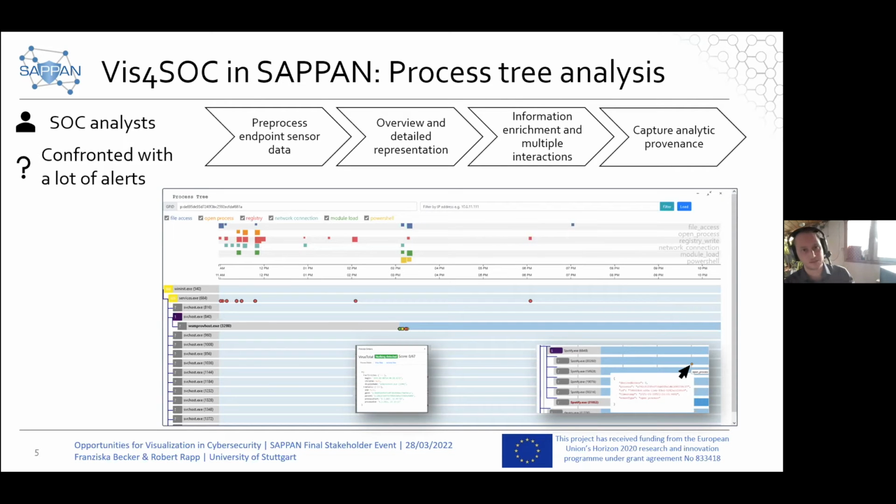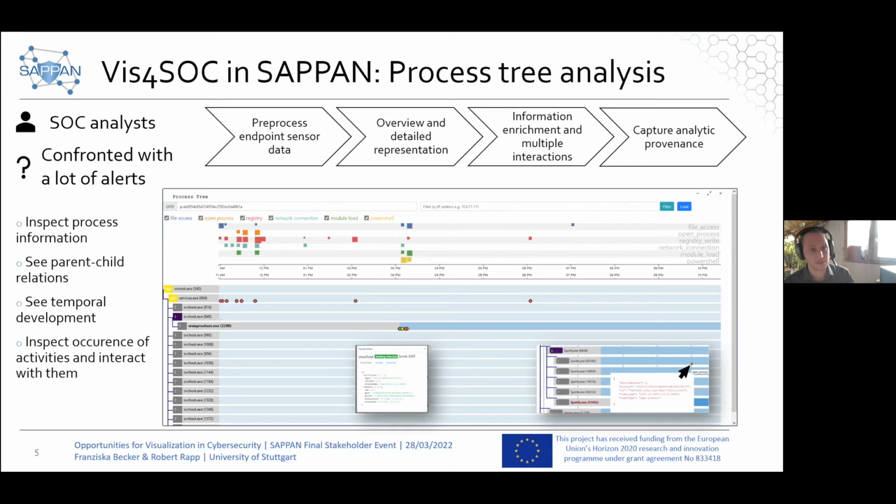And this also leads to analytical provenance data, which we can capture with it. So we can inspect the process information, and we can see parent-child relationships then. We can see temporal development, and we can also inspect the occurrence of different activities and interact with them. So all in a visual way.